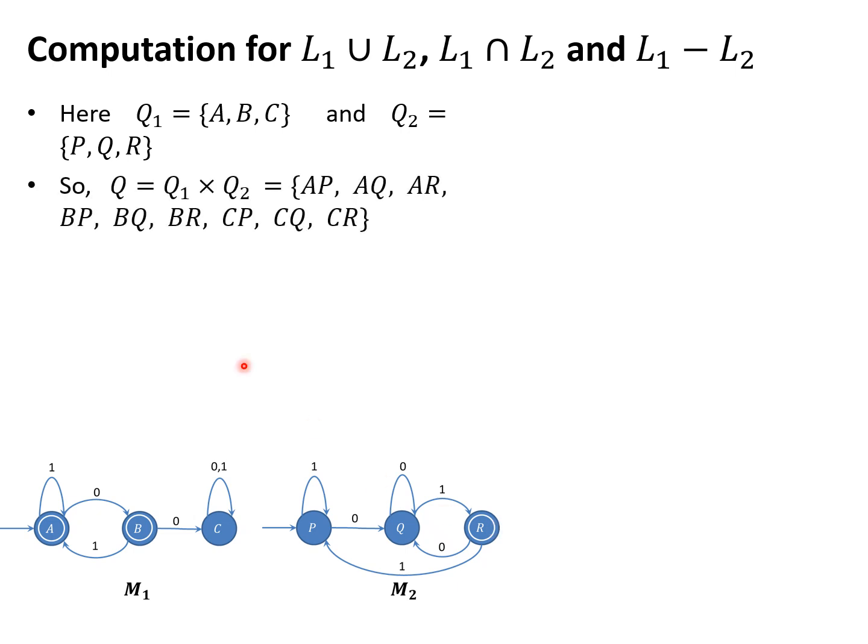When finding the pairs of states, you have to take Q1 cross Q2.